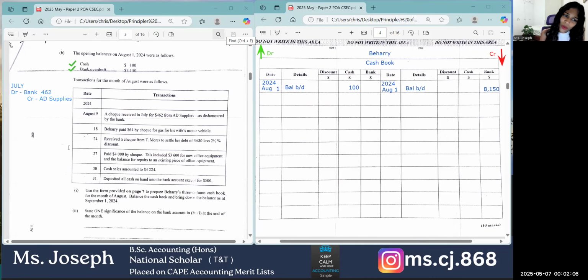Now, coming down to August, when the bank actually does its checks to see if funds are available in AD Supplies account to pay us his own monies, the bank would have realized that he did not have enough funds in that account. So what happens here is that it is considered a dishonored check. Right?